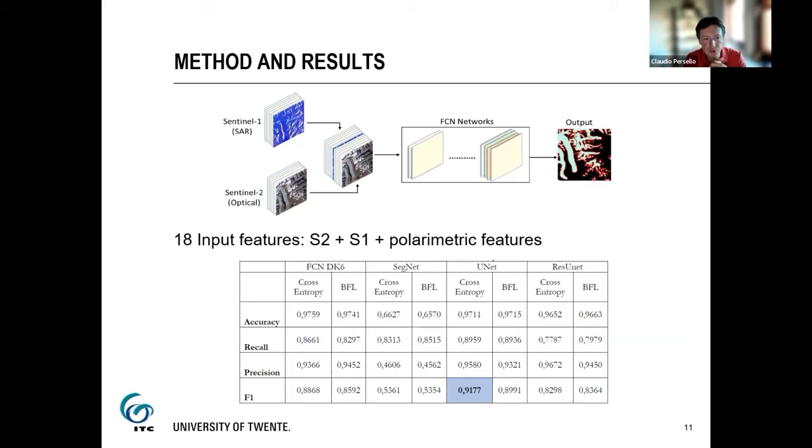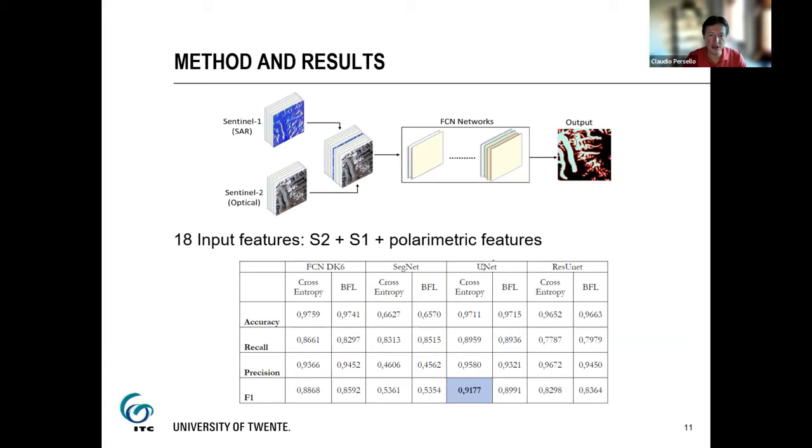So for this reason, we combined in our neural network Sentinel-1 and 2 images. And we also extracted additional polarimetric features to enhance the ability to discriminate the different classes. The output is a binary classification map where we can identify the extent of the glacier.